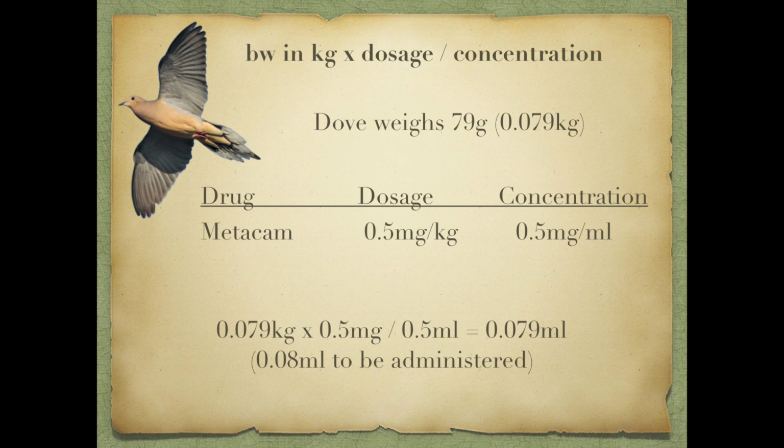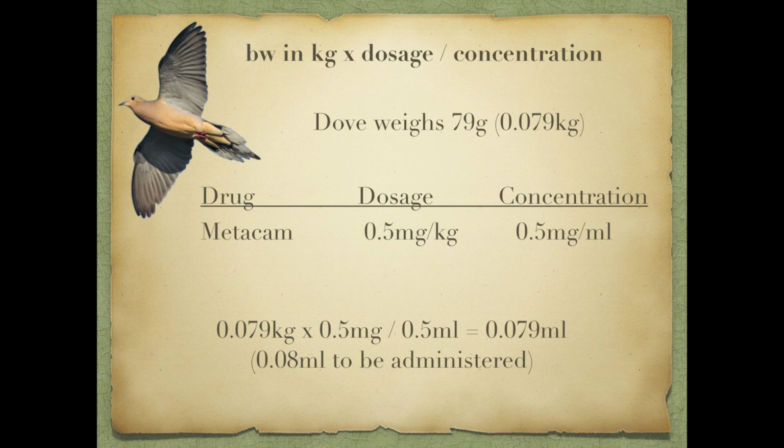So let's practice. We're going to work with this 79-gram dove that needs Medicam. In the treatment room on the wall, the most commonly used drugs are all listed out with their various forms and dosages depending on what species you're trying to treat. In this case, the dosage for a bird is 0.5 milligrams per kilogram, and the concentration we're going to use is 0.5 milligrams per milliliter.